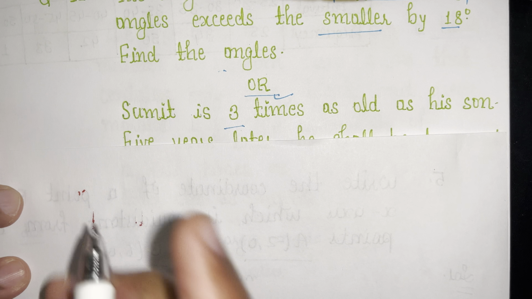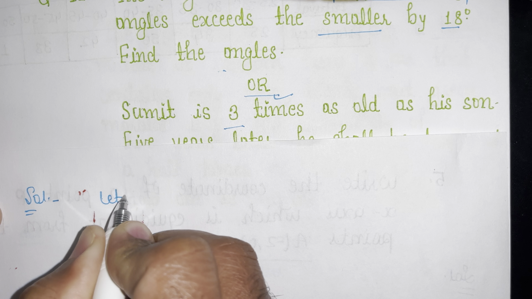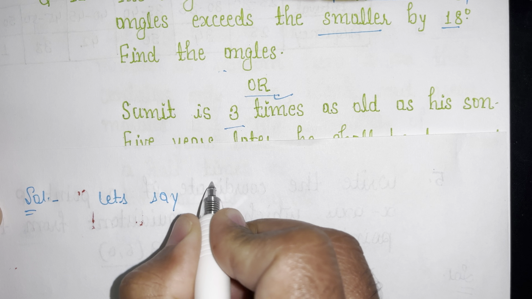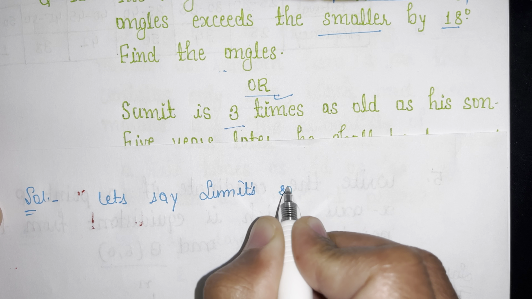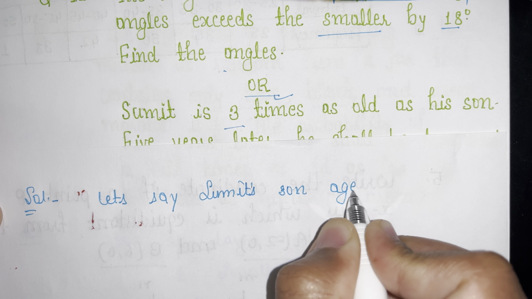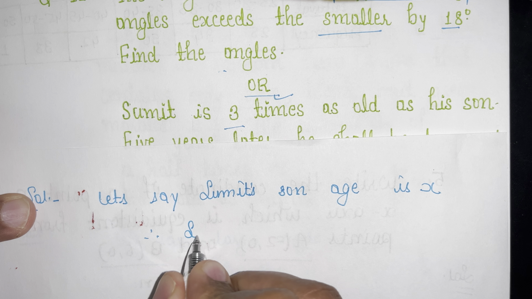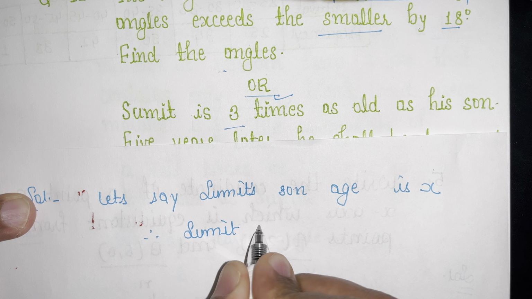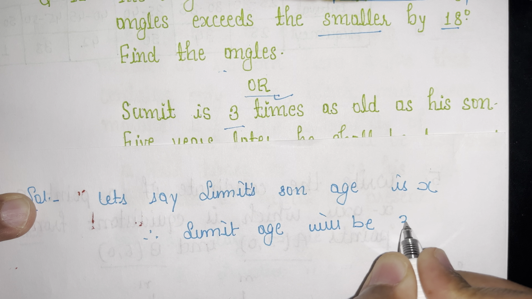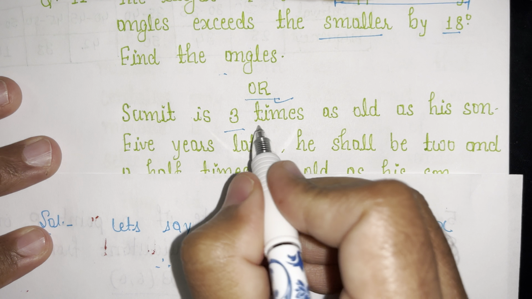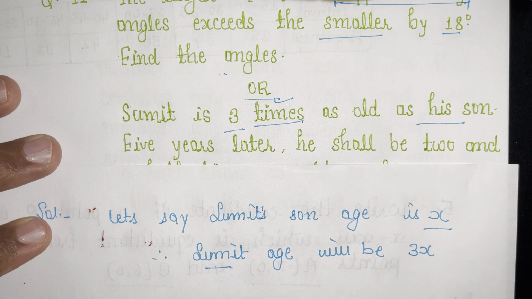So let's assume Sumit's son's age is X, hence Sumit's age will be 3x as per the question, because it says 3 times as old as his son. So his son is X, so 3 times the age will be 3x.